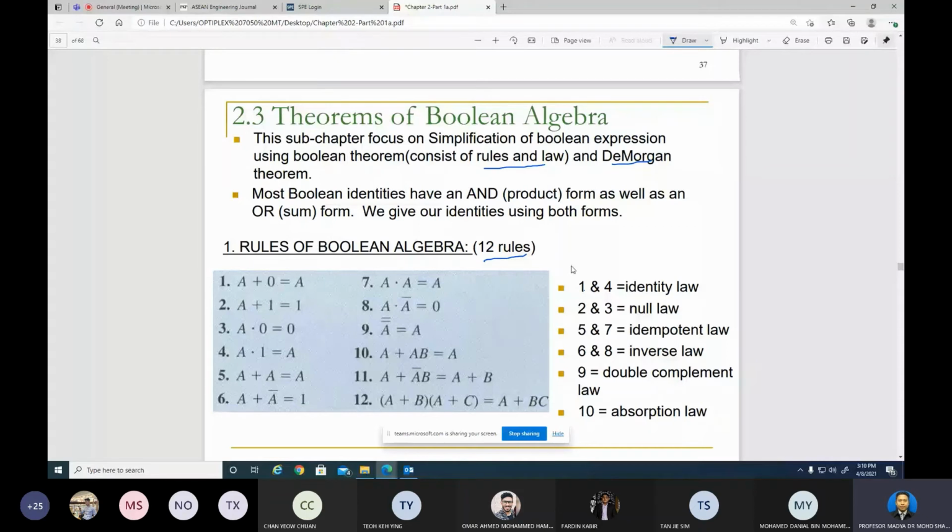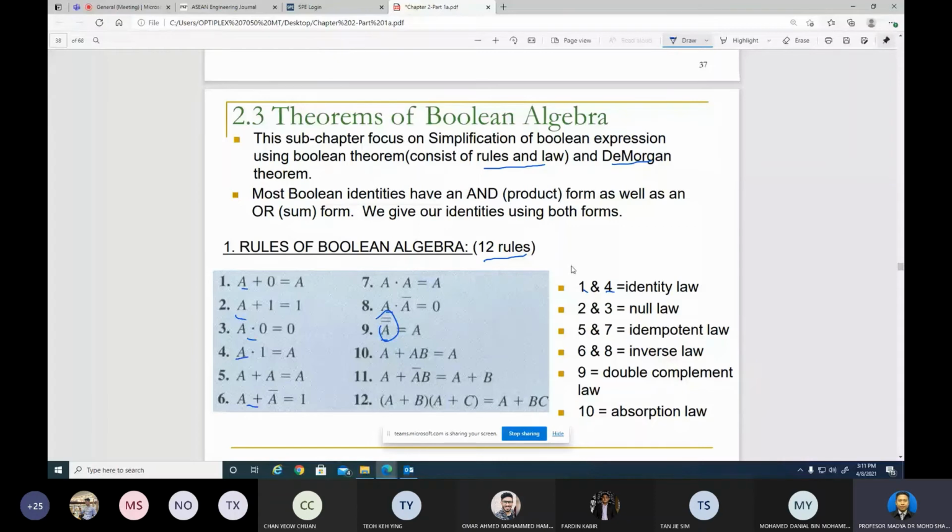Rules 1 and 4 we call the identity law, and 2 and 3 we call the null law. Then 6 and 8 we call the inverse law, and 9 we call the double complement law. For example, if you have a double complement, that equals A. After this you can see how they prove these.